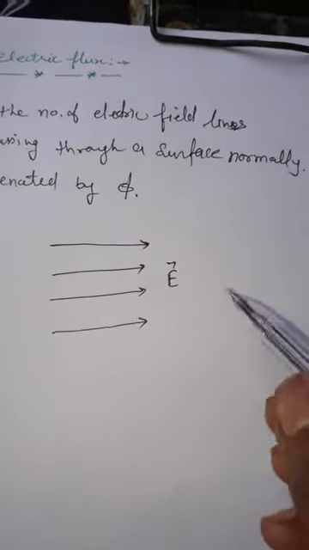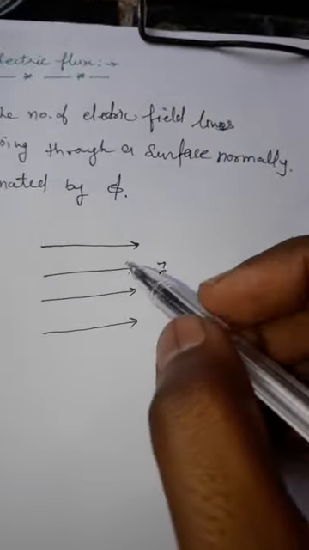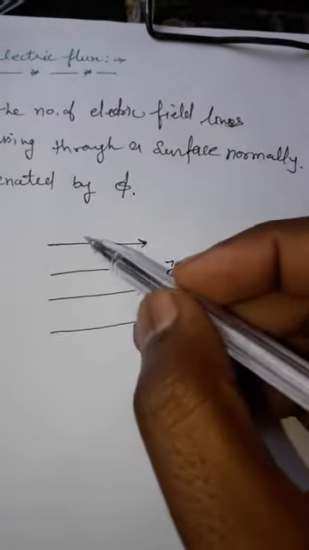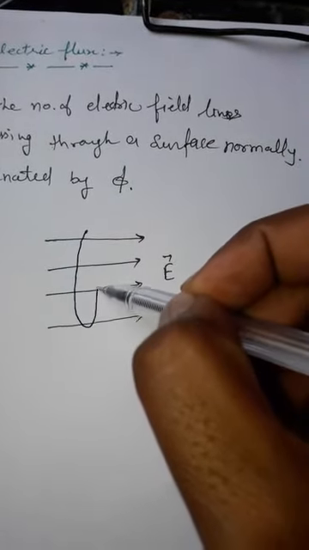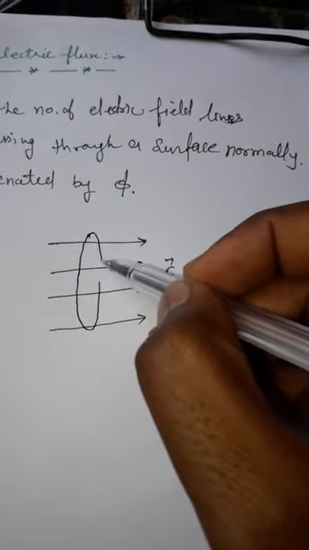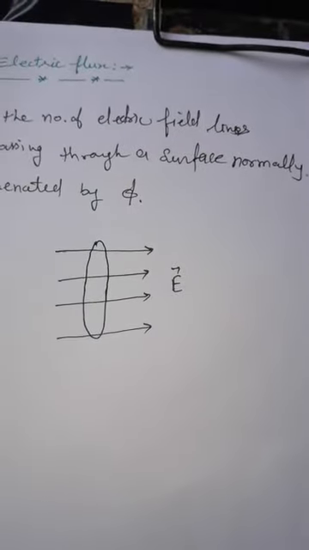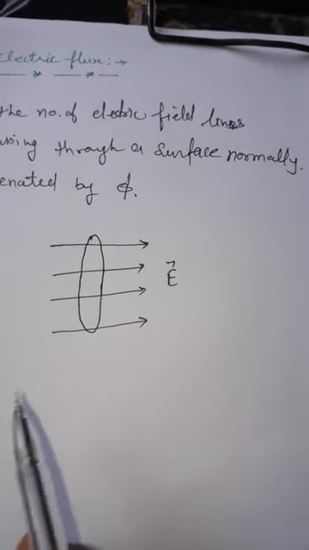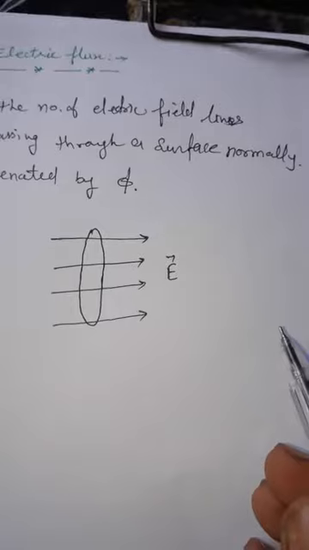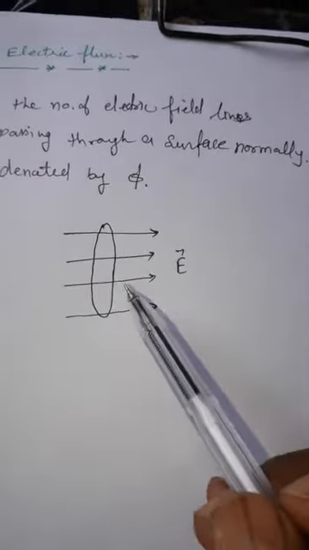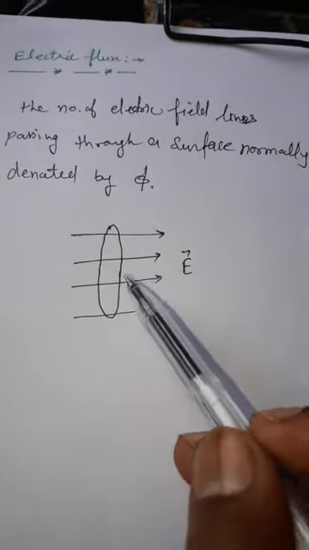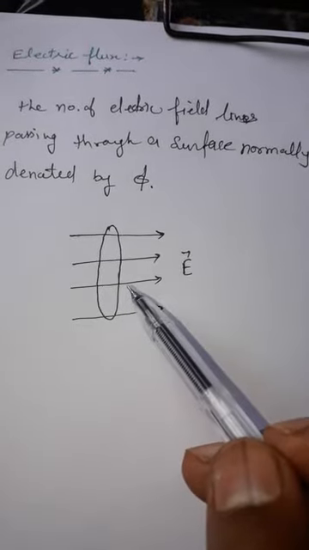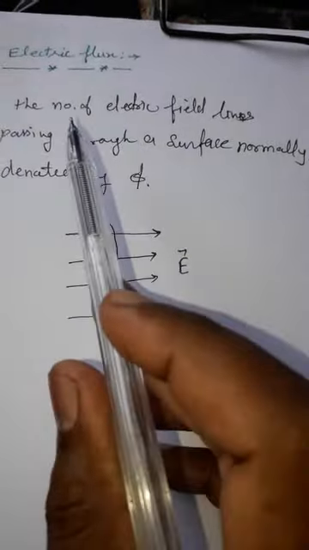Now if in a uniform electric field we place any object like this, then these electric field lines pass through this object, and we can see that there are four lines passing through this surface. And now here, what is electric flux?